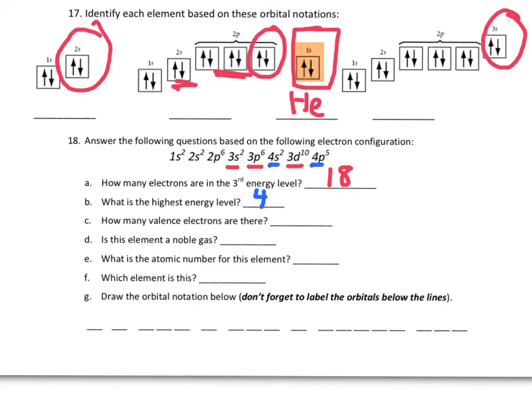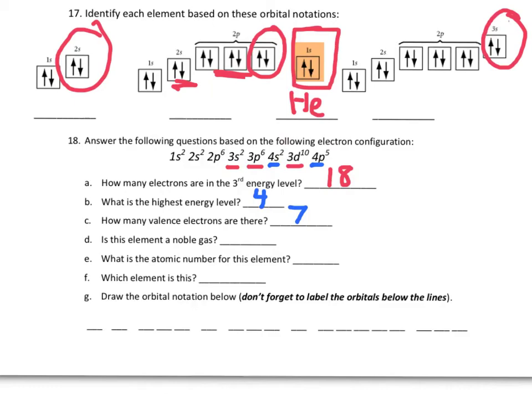The highest energy level are the ones that contain the valence electrons. You'll notice that there are 2 in the S and 5 in the P, for a total of 7 valence electrons. Is this element a noble gas? Well, no. In order to be a noble gas, it would have to have an octet of electrons, not 7 electrons. What is the atomic number of this element?